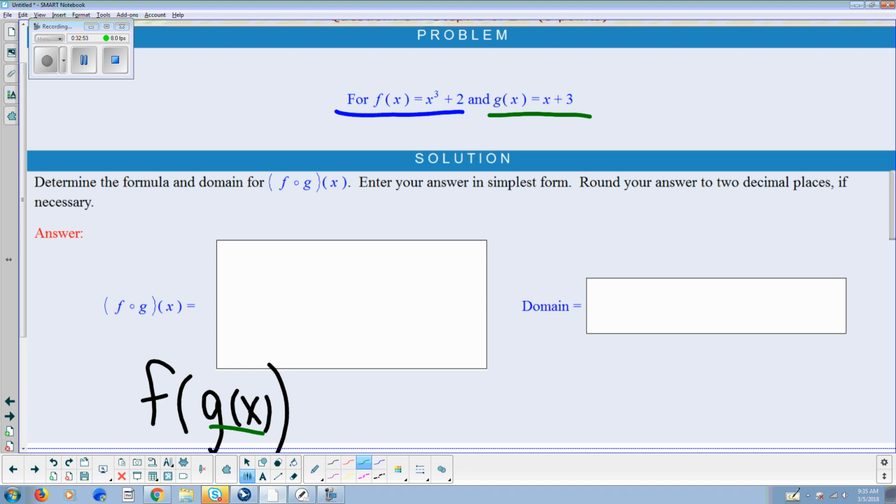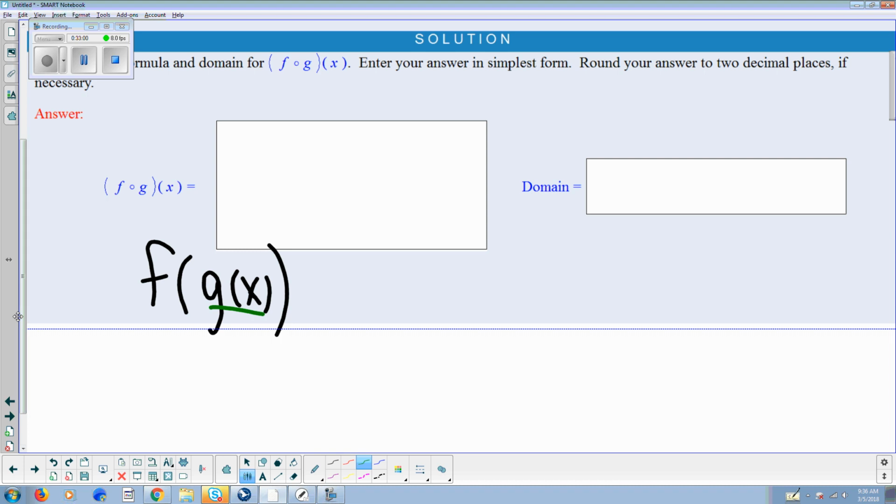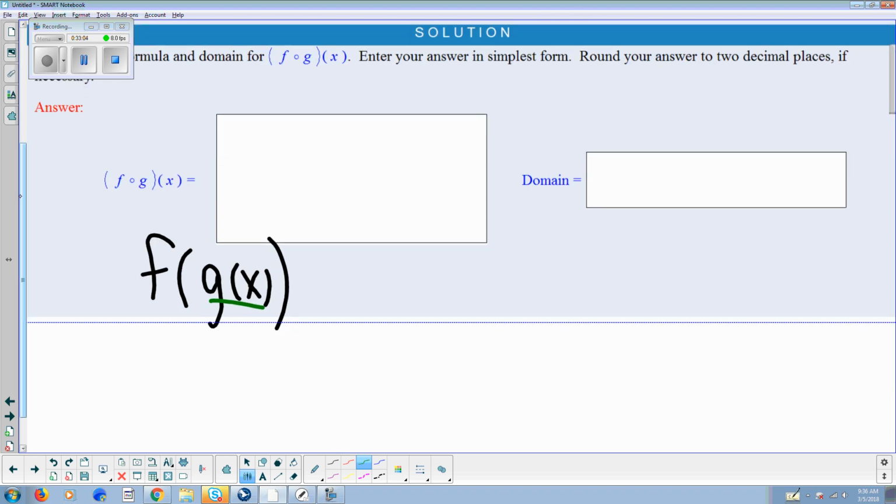The g function is x plus 3. So we are finding f of x plus 3. Since f was the outside function, I replace all my x's in the f function with the quantity x plus 3.